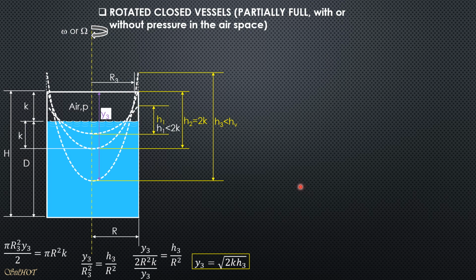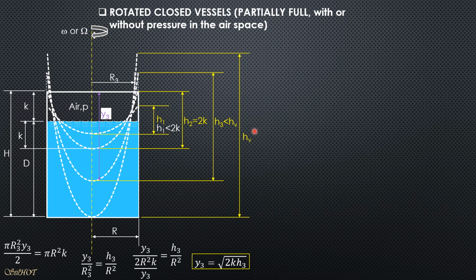Then when the rotation is such that the vortex exactly forms on the bottom center, the height is denoted by h sub v, and we will derive the formula for h sub v for this closed tank here. So again, the volume of air inside the cylinder remains the same as the original volume of air.